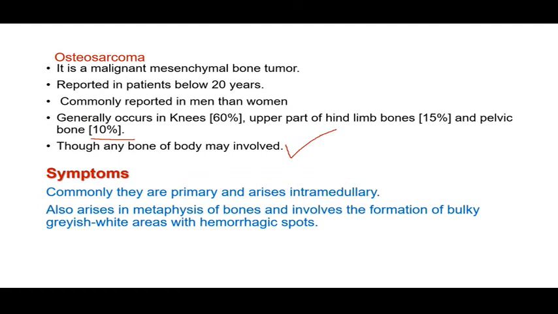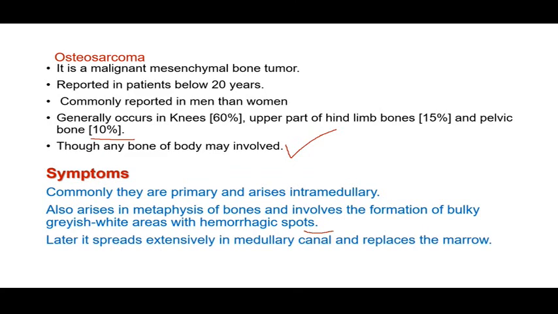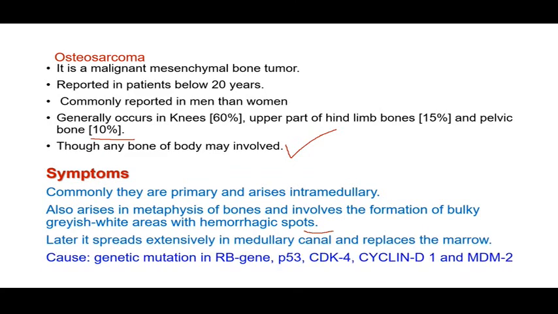Later, it spreads extensively in the medullary canal and replaces the marrow. Sometimes it penetrates through the epiphyseal plate and invades the joints. The tumor cells have large hyperchromatic nuclei and form neoplastic bone, which has a porous and lace-like architecture.